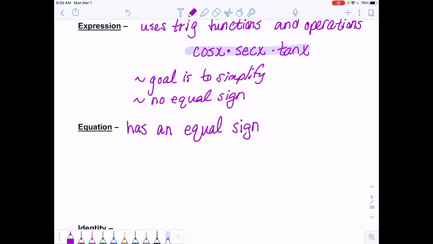And of course, the goal of an equation is to solve. And in this case, we're going to be solving for the angle. So in trig, you solve for the angle. In algebra, you solve for x.